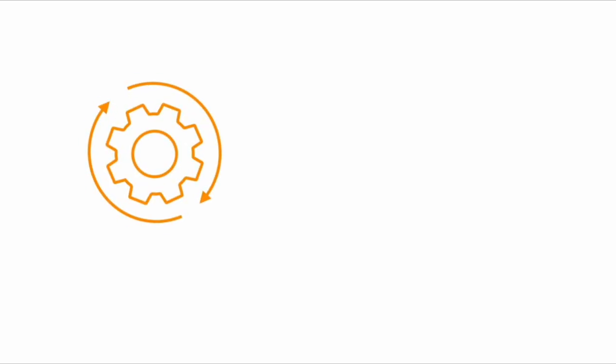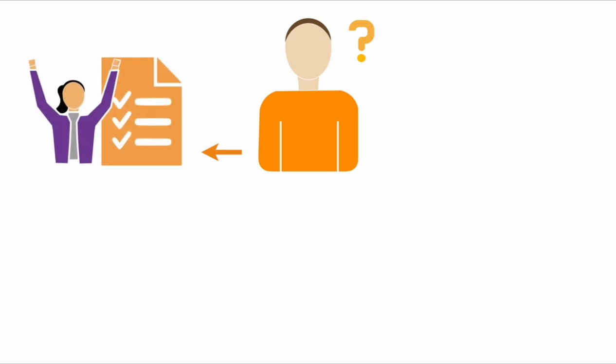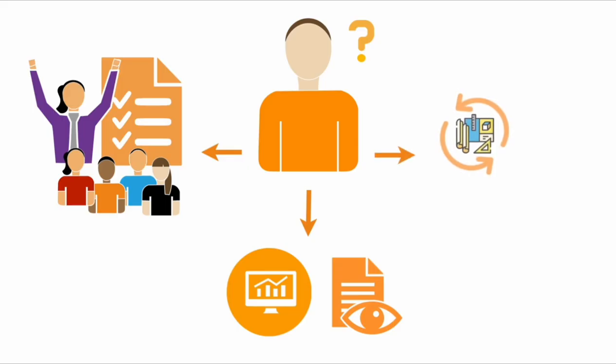That takes us to today's module, which is the implementation phase, or otherwise known by the Project Management Institute as the execution phase. Right. So the main concern of the project manager during this phase is executing work, meaning providing work instructions to proceed and start work, monitor the progress of the work, and controlling change within the project.